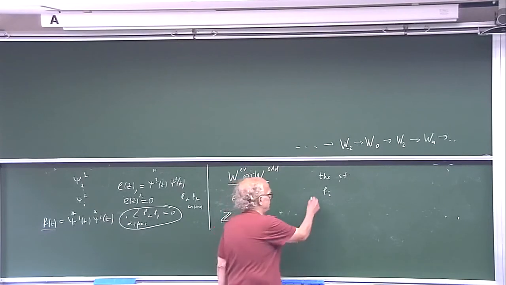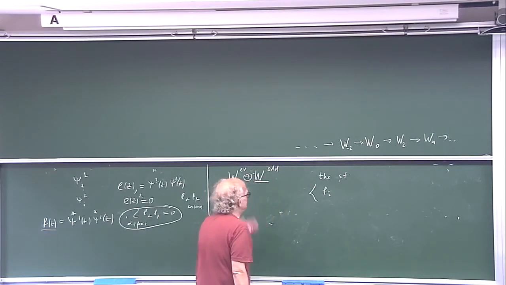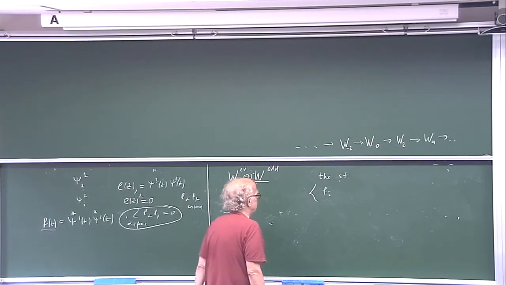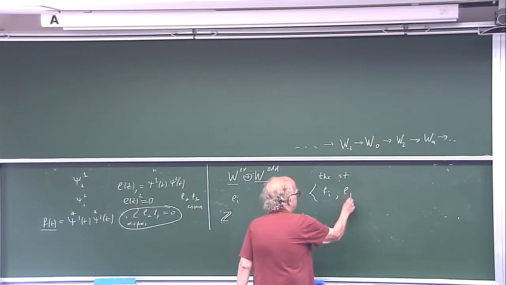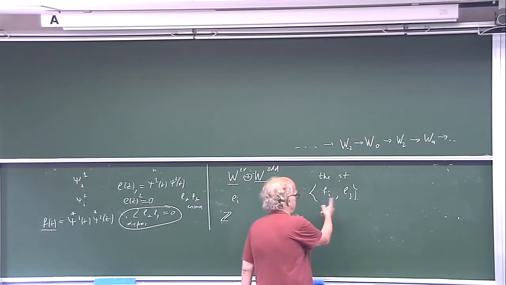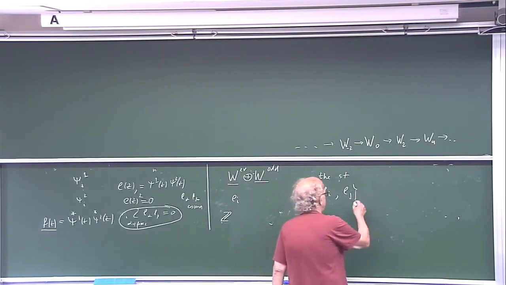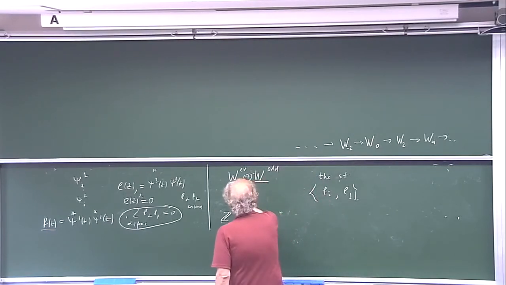And right now I only want to say that in this semi-infinite limit we can define the action of F_i, and we have the action of E_j, and they generate here, this F_i acting also separately here and there.